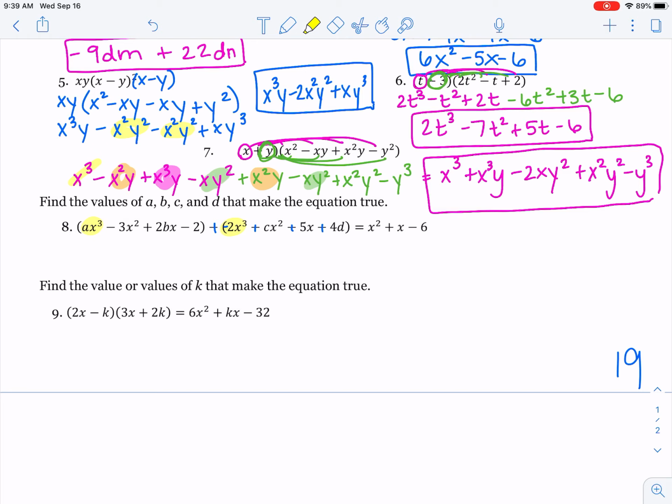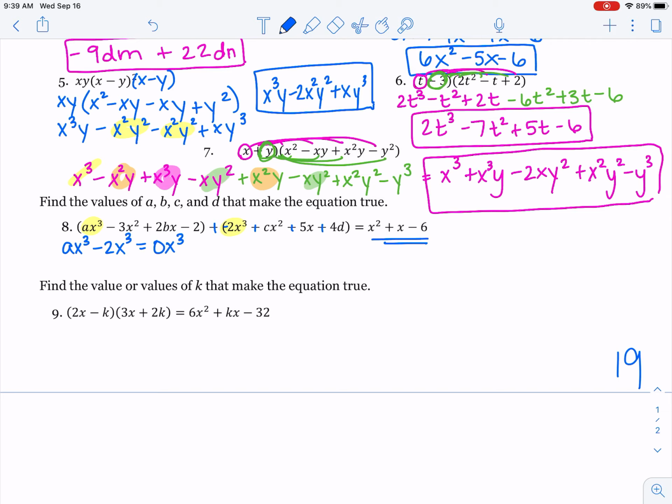So anything with an x cubed that I add on the left-hand side better equal the number of x cubes I have on the other side. So ax cubed minus 2x cubed better equal, and then I look over here on the right, and I do not have any x cubes.